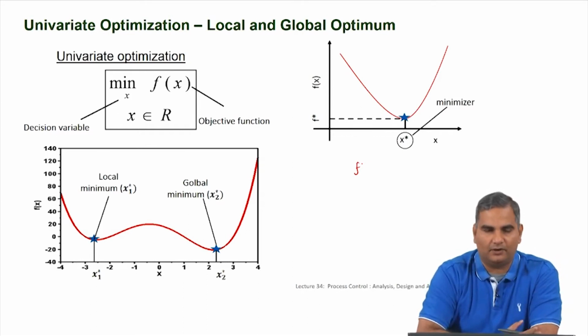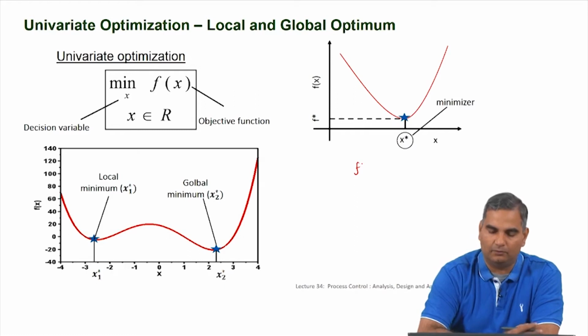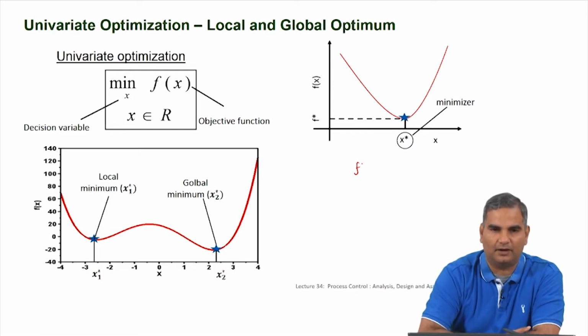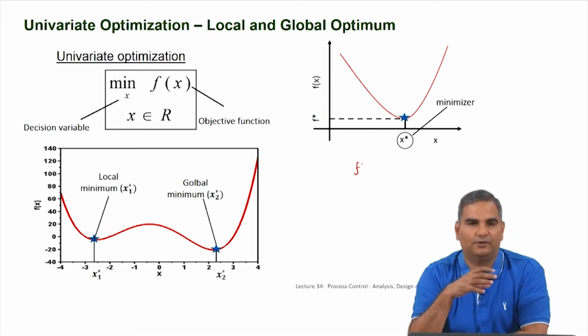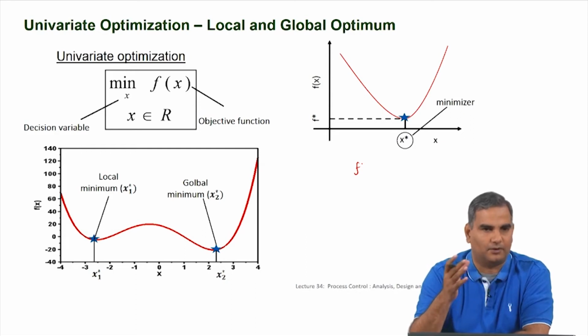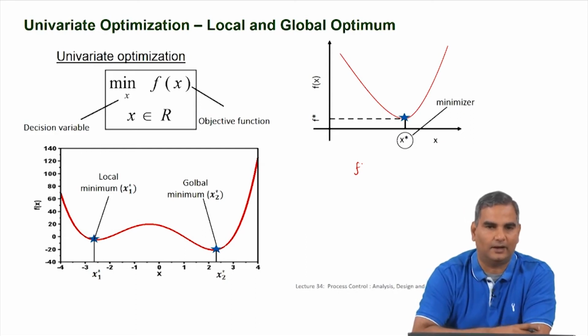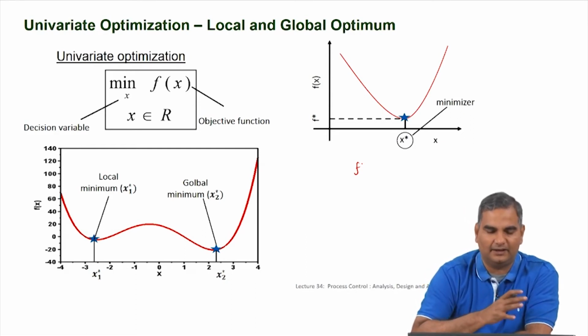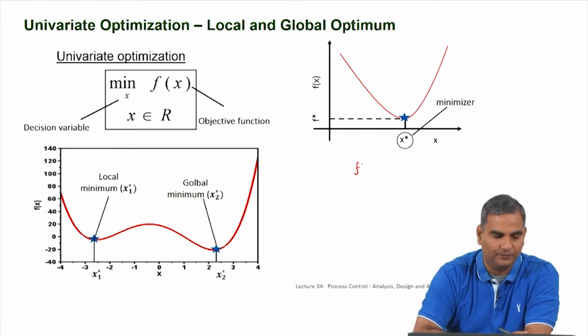Typically people talk about minimization problems most of the time, because maximization problems can also be solved as minimization problems. You do not have to worry about whether it is a minimization or a maximization problem, as both are completely equivalent. So, we will only focus on minimizing a certain objective function.